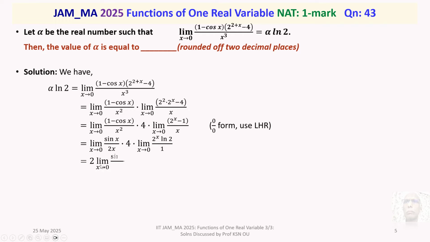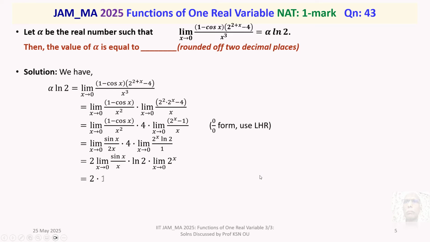So that is 2 times limit x tends to 0 of sin x by x, which is a very well known limit, into ln 2, a constant, multiplied by limit x tends to 0 of 2 power x. It is very well known that limit of sin x by x is 1, and limit of 2 power x is 2 power 0 because it is a continuous function.